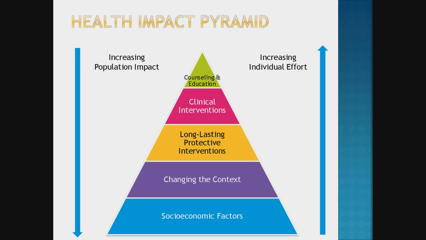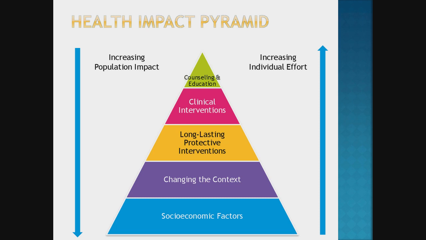The next thing down on the pyramid is clinical interventions, which includes things like treating health concerns with prescription drugs or other medical interventions. These interventions can reach a slightly larger group of people than counseling and education, but still require the individual to develop the disease before you can begin treatment.